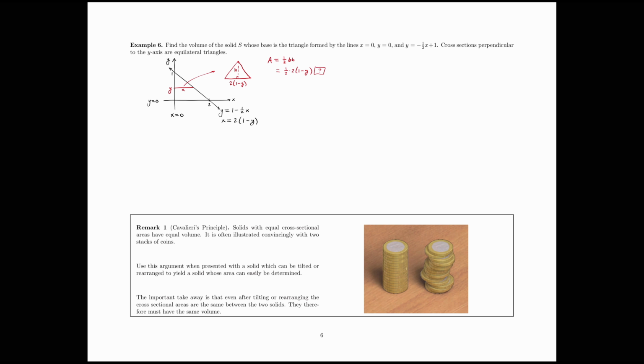So the base of either of these triangles is exactly just 1 minus y. It is half of this distance. So this is 1 minus y.